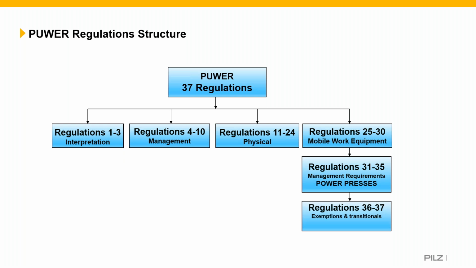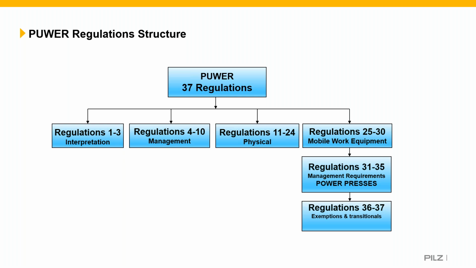So there's quite a number of management regs and things in section 2. Section 3 looks at control issues, so it mainly covers things like guarding, controls for starting and stopping. There's a bit more on maintenance and so on.